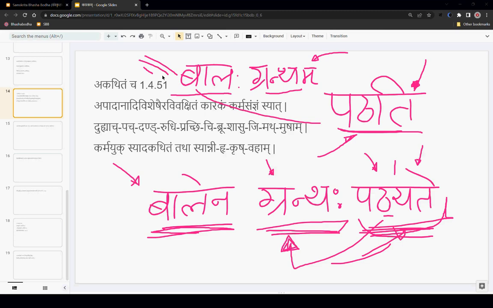Yes. Karta is Bala, right? Balaha grandham padati. Or granthan padati, sorry. Many granthas, not one grantha. Then granthaha padanti.